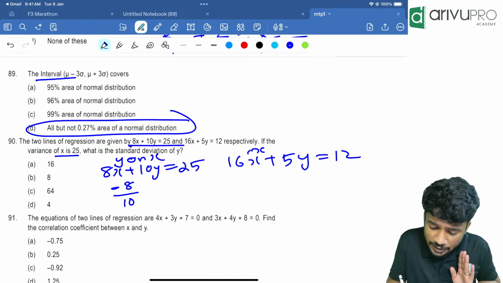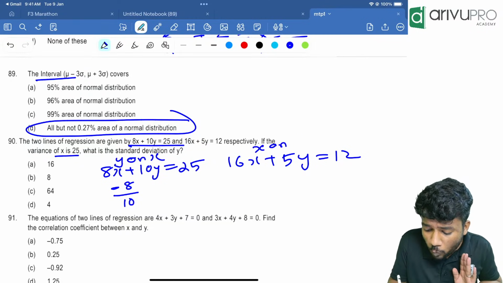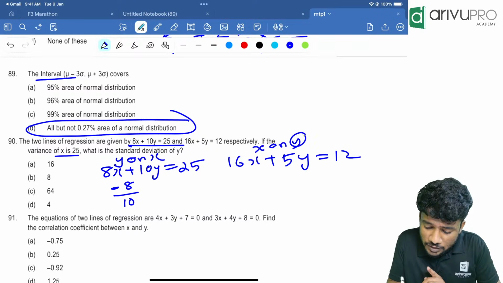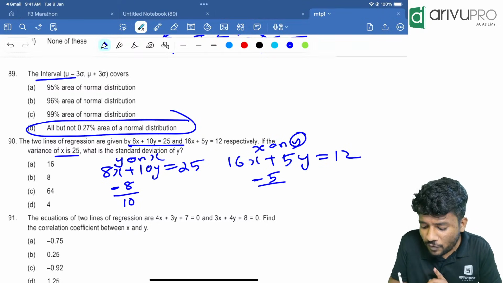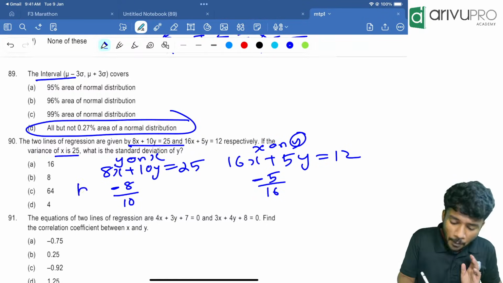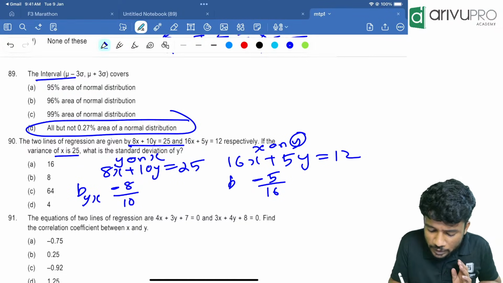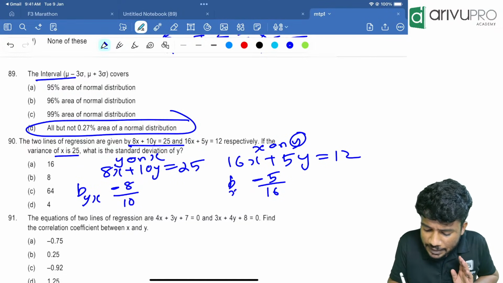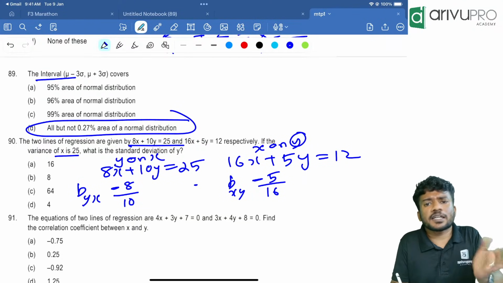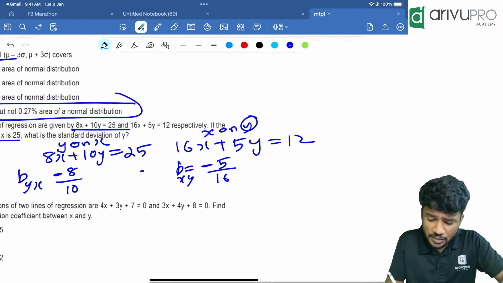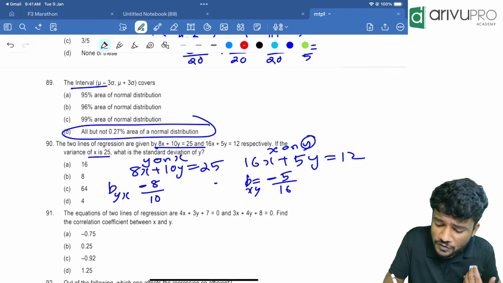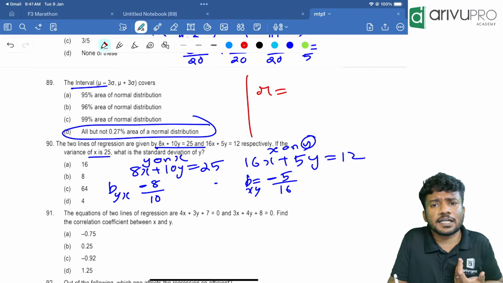Then this one we are taking as x on y, which is minus of 5 by 16. This is byx, this is bxy. So we got two regression coefficients. When you have regression coefficients, how will you find the correlation coefficient? That is plus or minus.